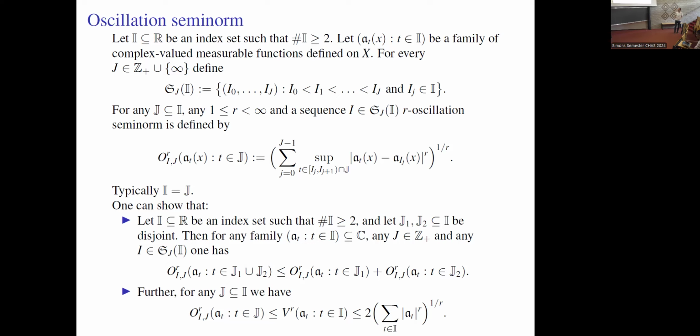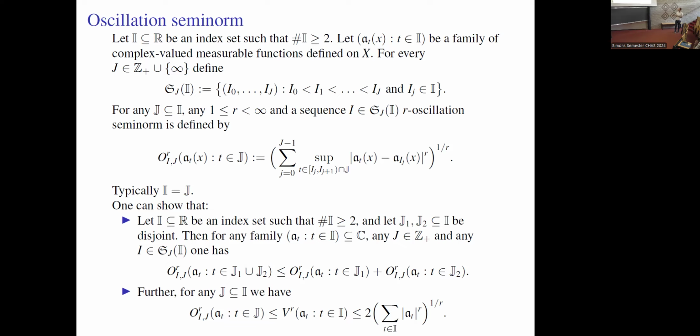On the other hand, if for some reason we knew that this supremum is attained at the right endpoint, then what we would get here is just the square function if r is equal to 2, or let's say the r-function if r is different than 2. So that's why this oscillation semi-norm is much closer to the square function when r is equal to 2 than to variations.